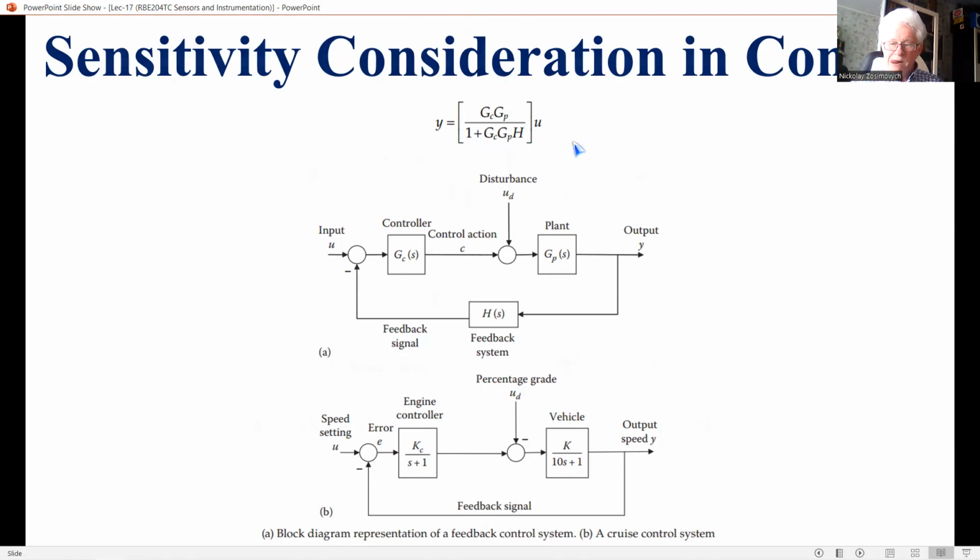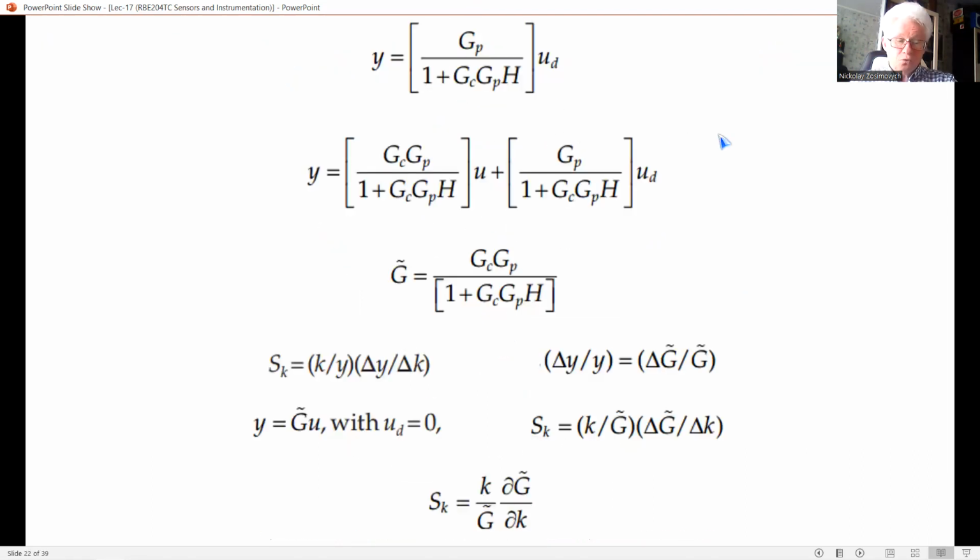Okay, so next, set U equals 0. Then we obtain the following input-output relationship, as we can see here on the top of this slide. And by applying the principle of superposition, we obtain the overall input-output relationship, and we can get our next expression here for U and from U disturbance.